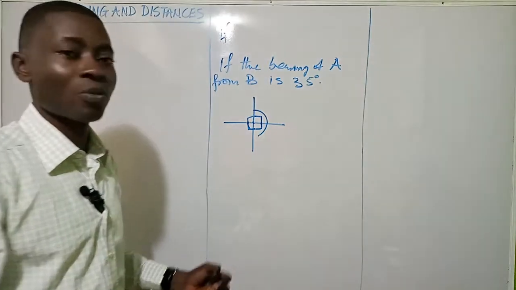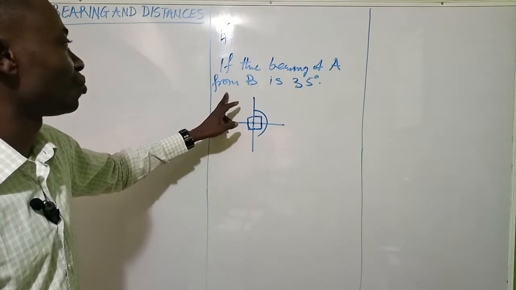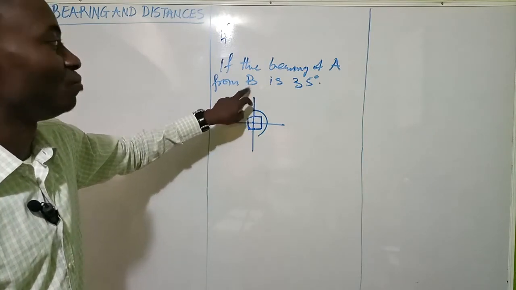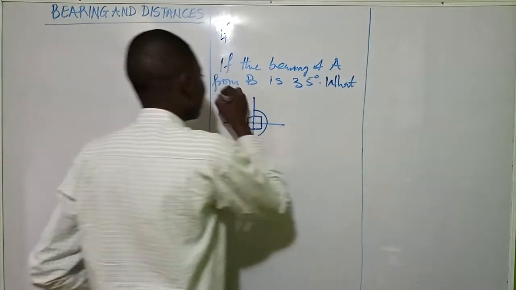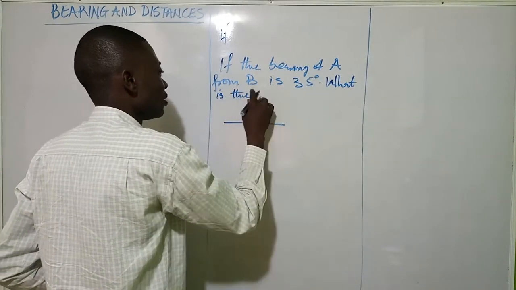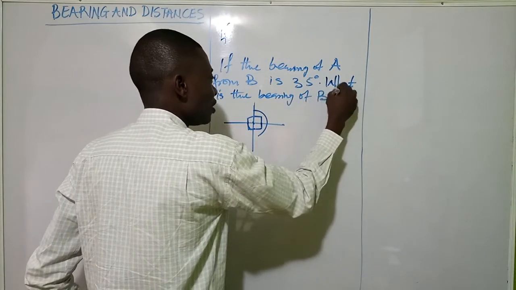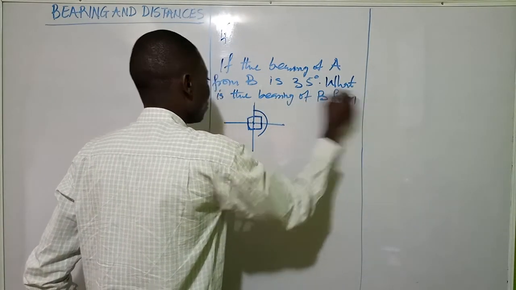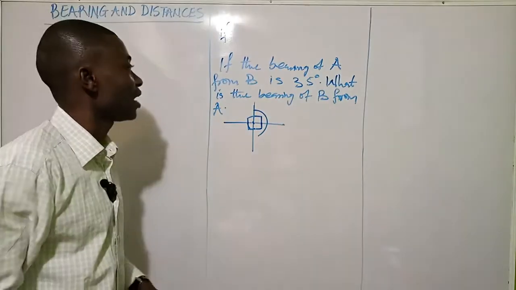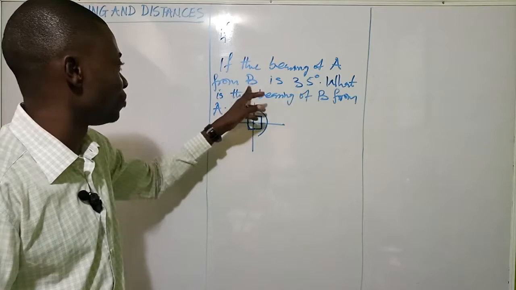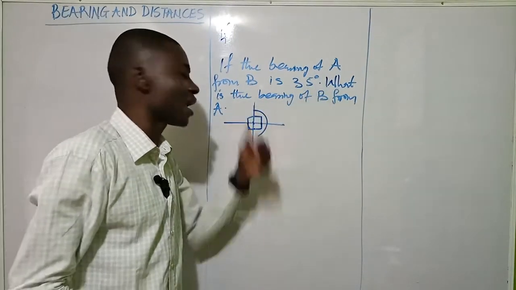Now the question can come in different forms. They can ask you, what is the bearing of B from A? If the bearing of A from B is 35 degrees, what is the bearing of B from A?